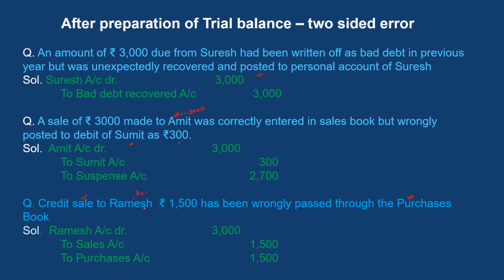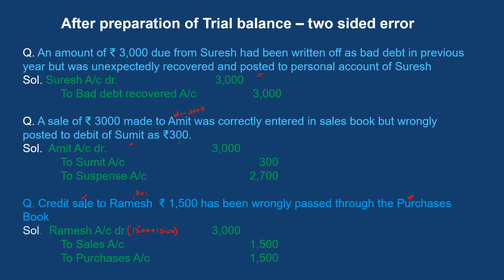So we will now debit Ramesh account 1,500 for the credit sale and one more 1,500. Why? Because we passed it through the purchase book, and when it went to Ramesh account, it went to the credit of Ramesh. To nullify that credit effect, we will debit him with 1,500. So totally you would be debiting Ramesh account with 3,000.